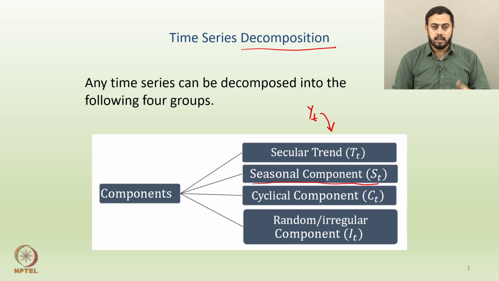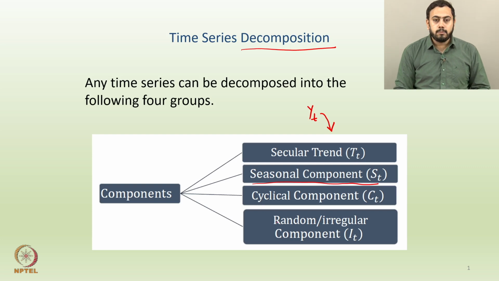So, if we are saying that a time series process is seasonal, it describes the second component here, which is the seasonal component. Then the third component is called the cyclical component. We will describe the difference between seasonality and cyclicality, but nevertheless the third important component is the cyclical.